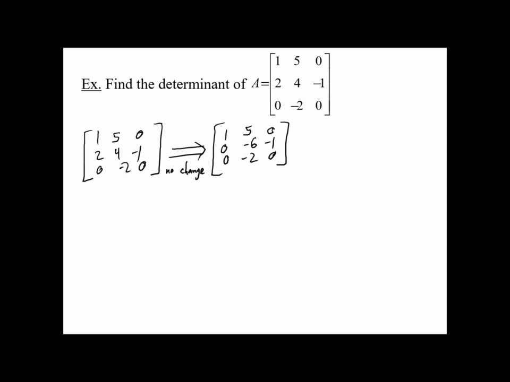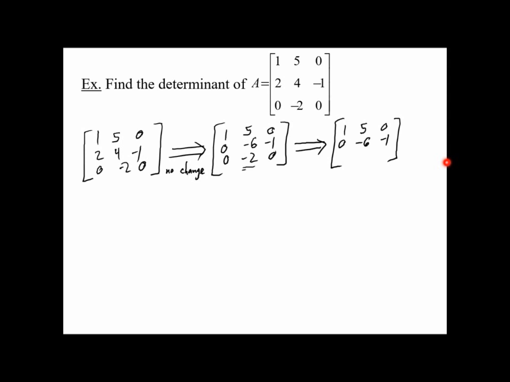Okay. Next thing I'm going to do is, so top row is fine. I'm trying to think of what I want to do next. Do I want to switch them? Why don't we leave the 0, negative 6, negative 1 where it is? Now I need to be really careful.